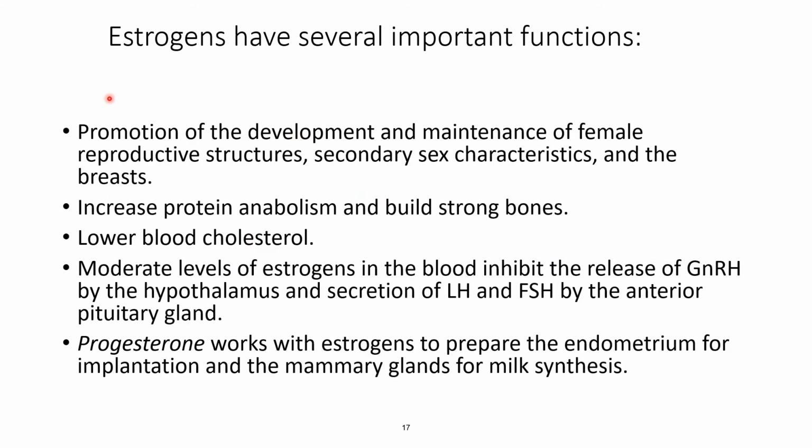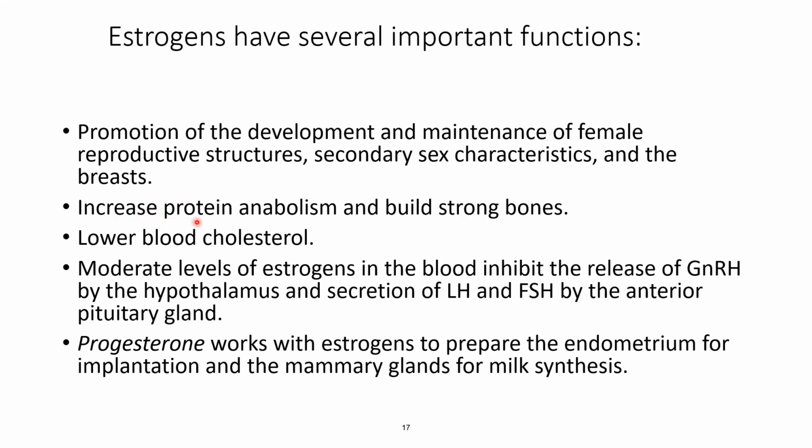This increased amount of estrogen, besides having an effect on the uterus, has a global effect. Almost all cells have estrogen receptors, and so secondary sexual development will happen, whether it's development of breast or changes in the vagina.